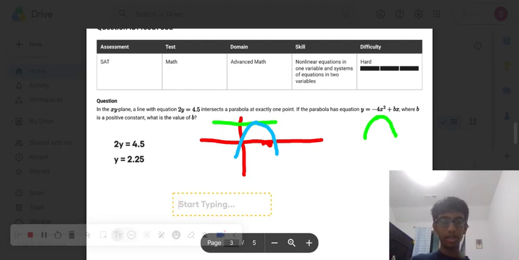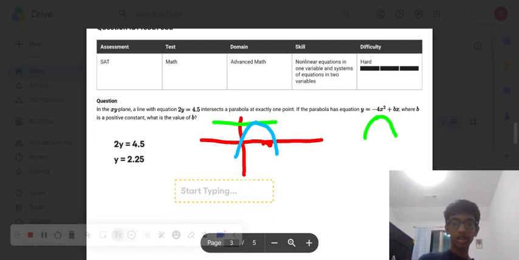So let me do this. Our x value at the maximum point has the equation minus b over 2a, and this will be equal to x.